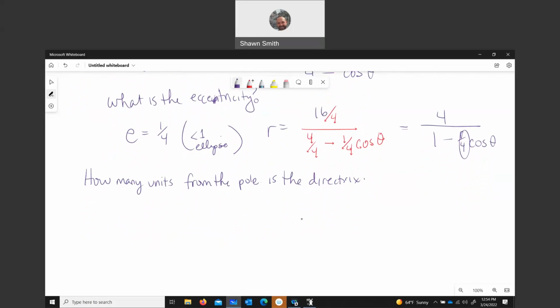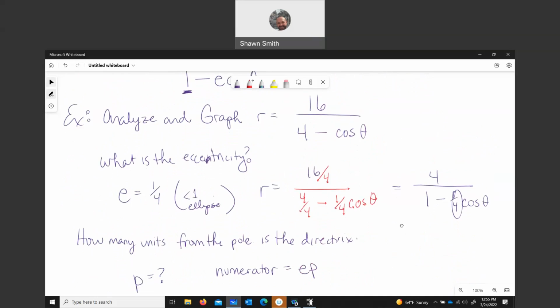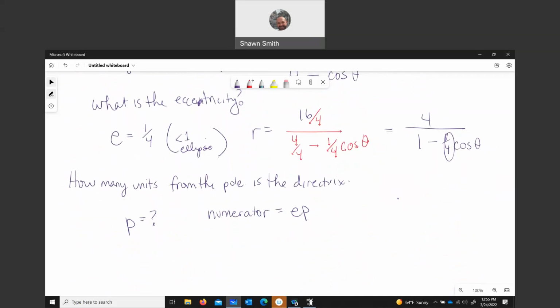All right, so I need to figure out what is p. Well, I know the numerator is ep, right? According to that format, ep divided by 1 minus e cosine. So if that's the case, we already have e. e is 1/4. The top is equal to 4. Therefore, I can solve for p. Multiply both sides by 4. p is 16, right?